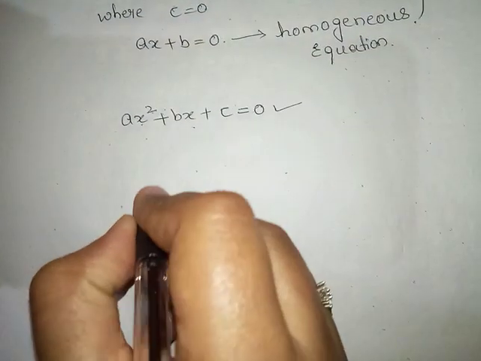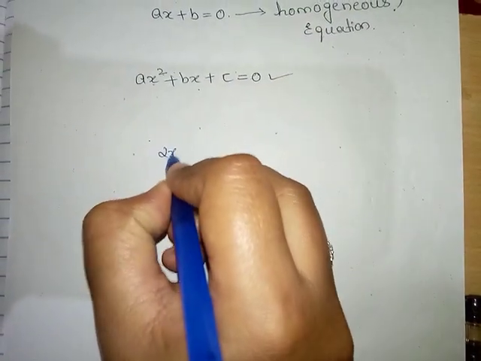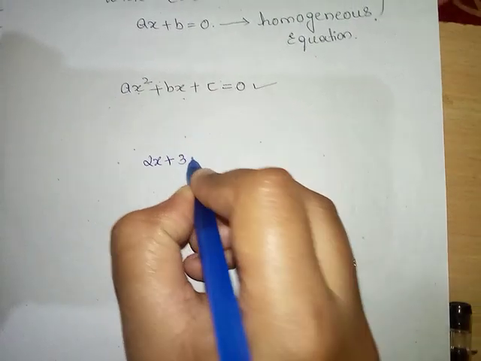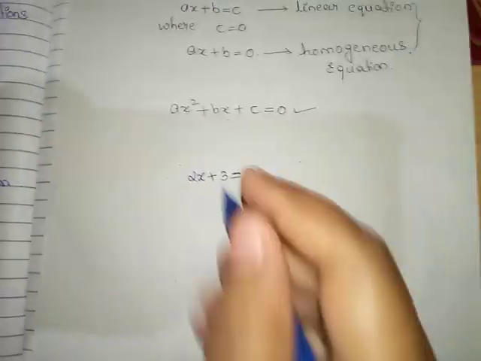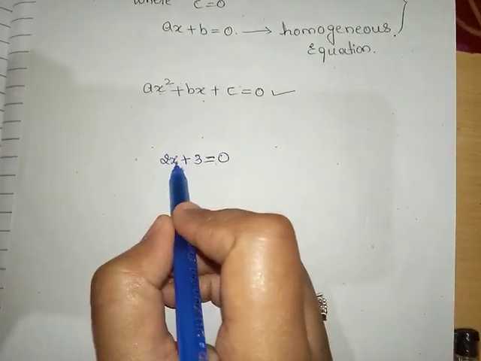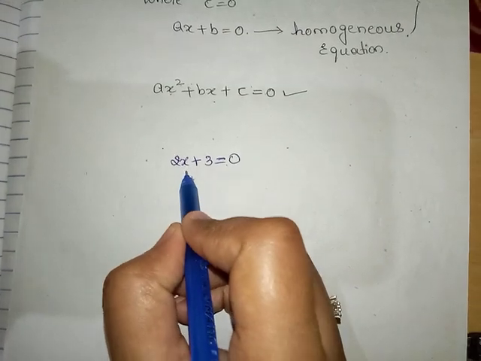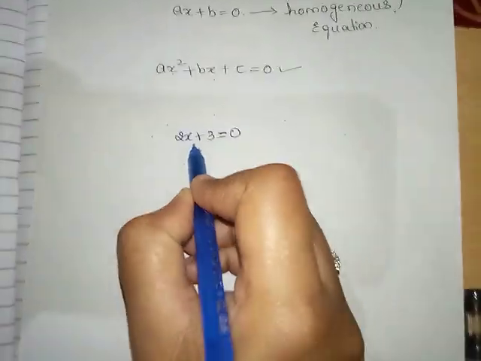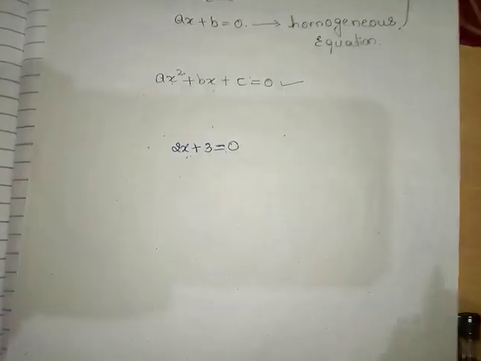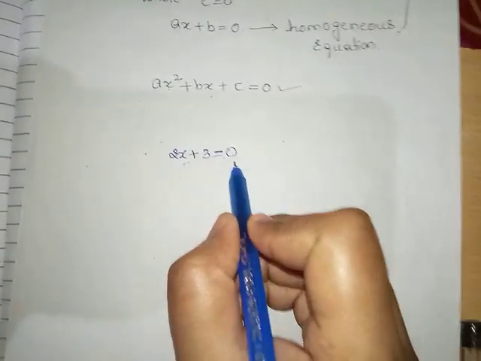I will consider the equation 2x plus 3 is equal to 0. Now we have to take the value of x in such a way that after substituting it, we get LHS is equal to RHS.